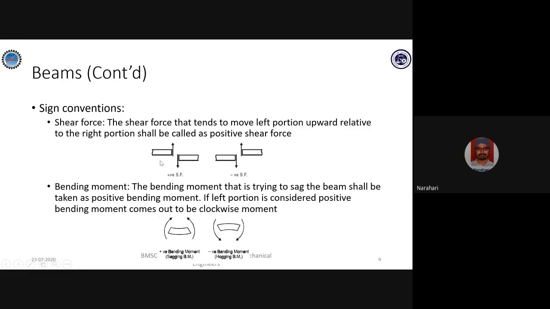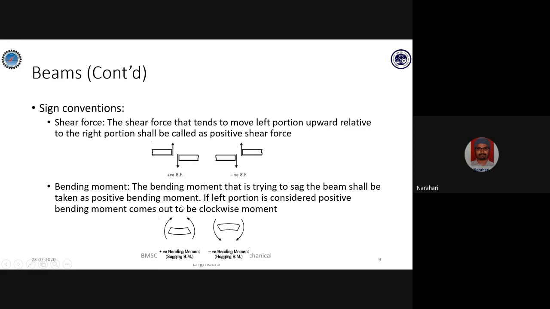Universally, the convention taken is, if a force causes the left portion of the beam to move up, again, these are all imaginary happenings, then that force is taken as positive. On the contrary, if the left portion of the cut beam moves down, that is considered negative shear force.